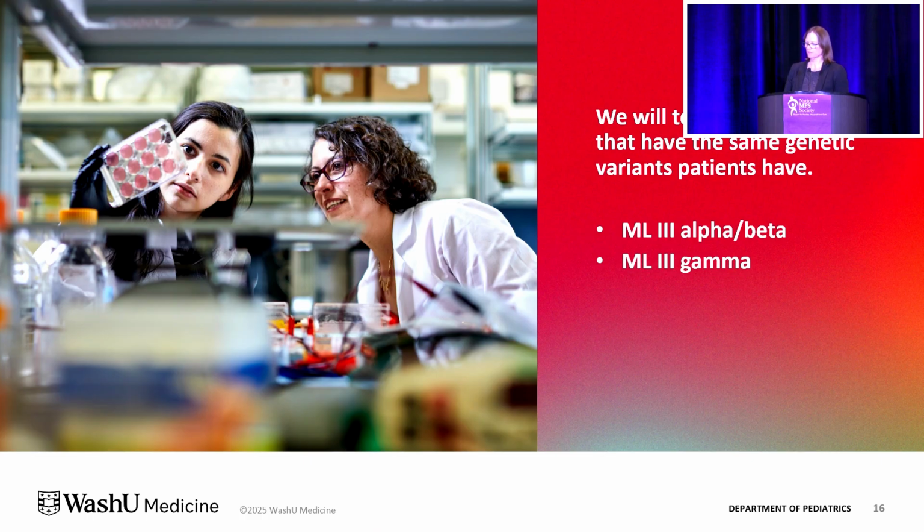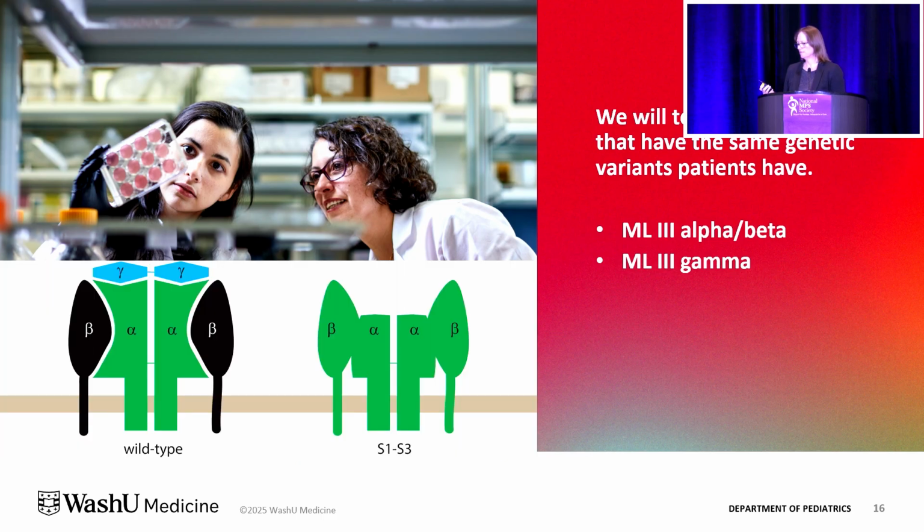We want to make sure that the genetic variants patients have, when combined with the S1, S3, don't cause any protein aggregation that might cause any kind of safety events, or lack of efficacy. We want to study S1, S3 in the ML3 alpha, beta, and gamma cells particularly. There's the cartoon.